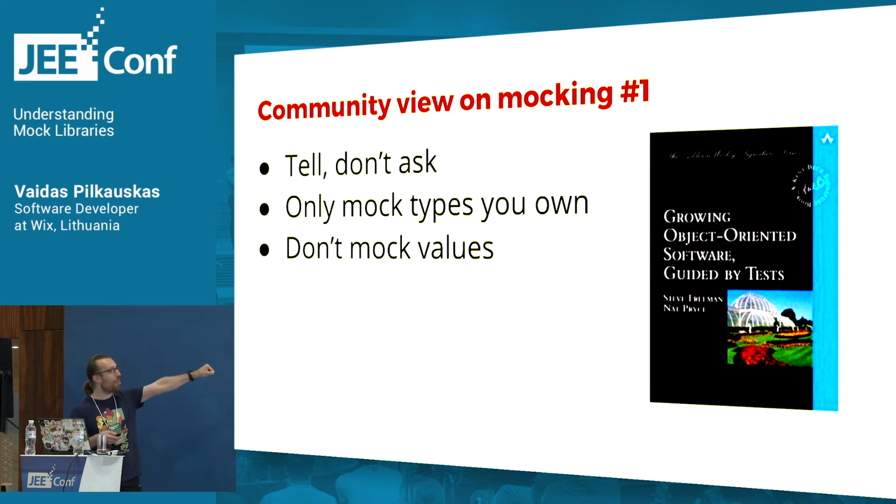Another smell is don't mock values. If you mock values, it means that your values are hard to create. Maybe they're too complex. So this is a smell, and if you feel it's easier to mock a value instead of just using a constructor, then it means that maybe it's too complex.